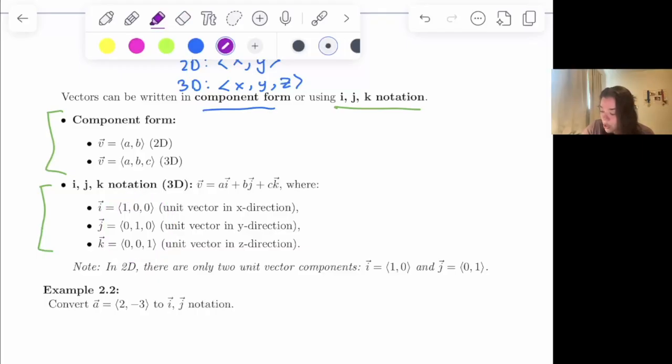Take a note down below: if you're in 2D, then you don't have that third component. In 2D, you don't have a z value, so you only have vectors i and j. We wouldn't talk about vector k, and notice i and j got modified to be in 2D, just having 2 components.